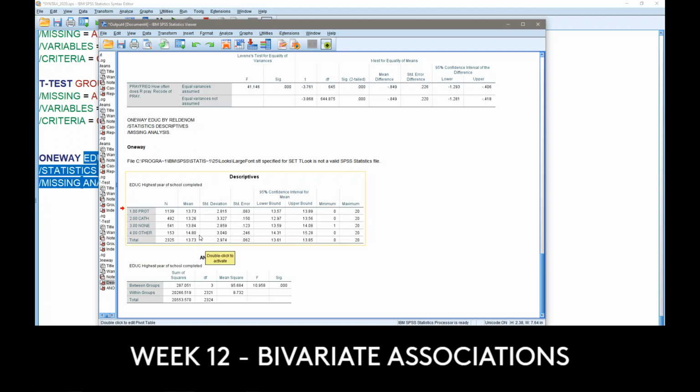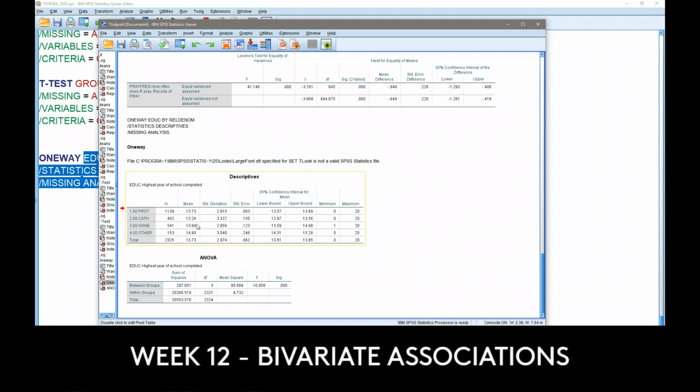So let's see, who has the highest education? That would be those who identify as a religious other, averaging about 15 years of education. That's followed by people of no religion, followed by Protestants, then followed by Catholics.